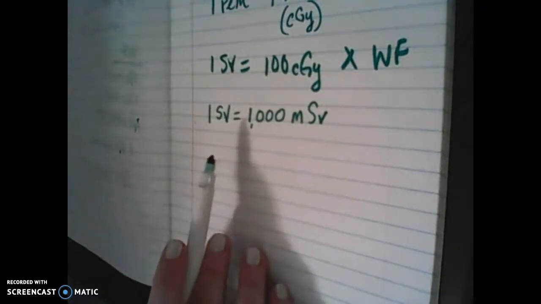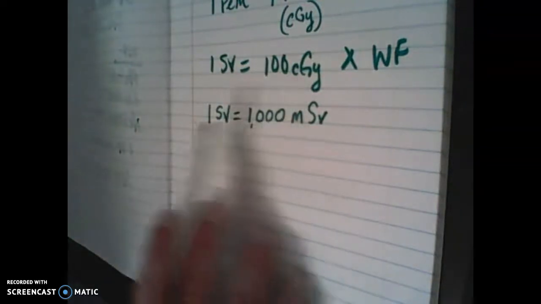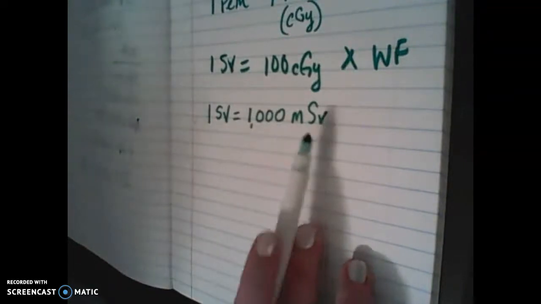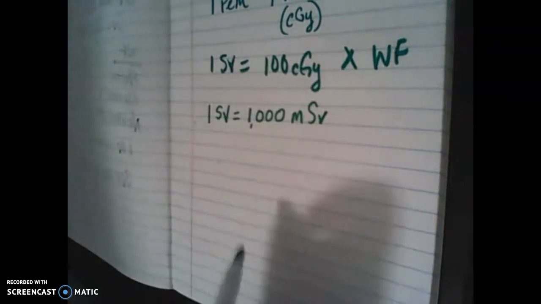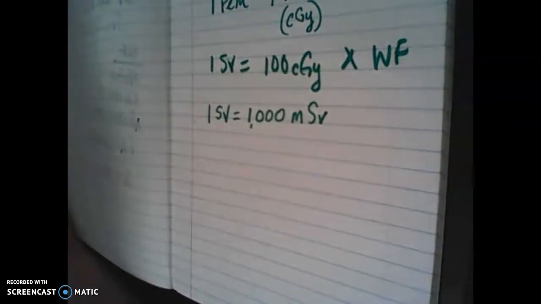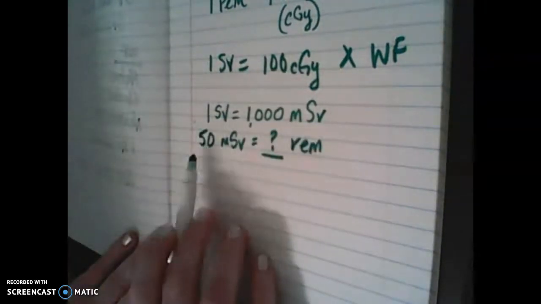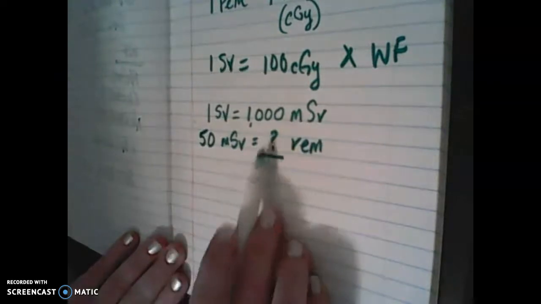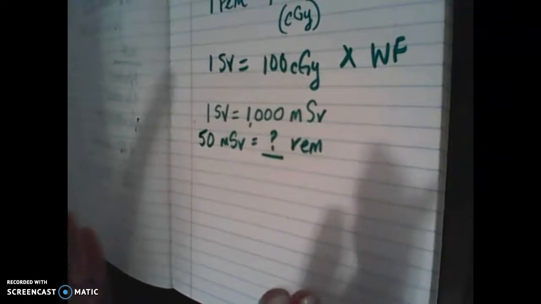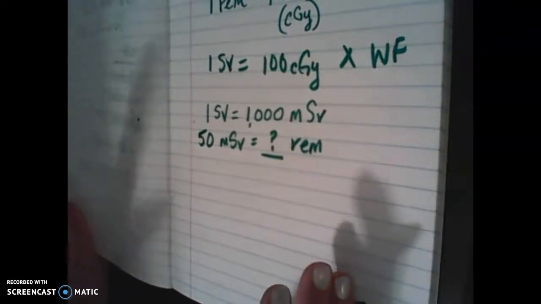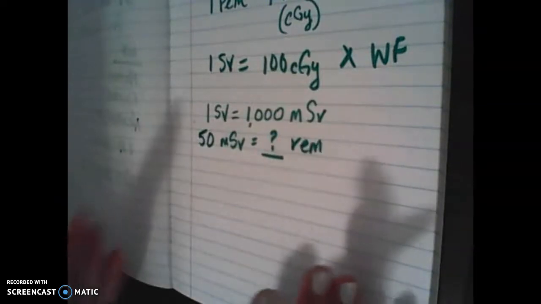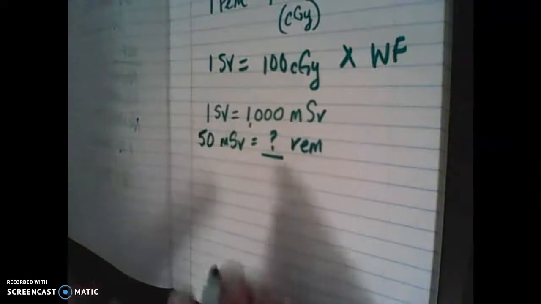Okay, and if we start to talk about millisieverts, we know that 1 sievert is 1,000 millisieverts. So let's look at the difference if we went between sieverts and rems. If I'm given 50 millisieverts and I want to know how many rem that is, remember we're crossing systems, between the traditional and the SI units.